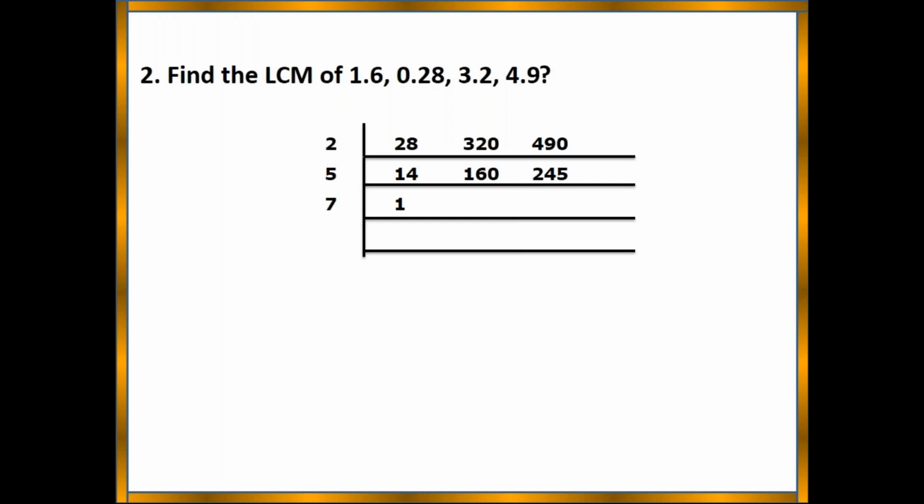If you have to take 5, 14 is not possible, but 5 times 32 is 160, 5 times 49 is 245, 7 times 2 is 14, 32 not possible, 7 times 7 is 49, 2, 2, 1, 16, 7 not possible.